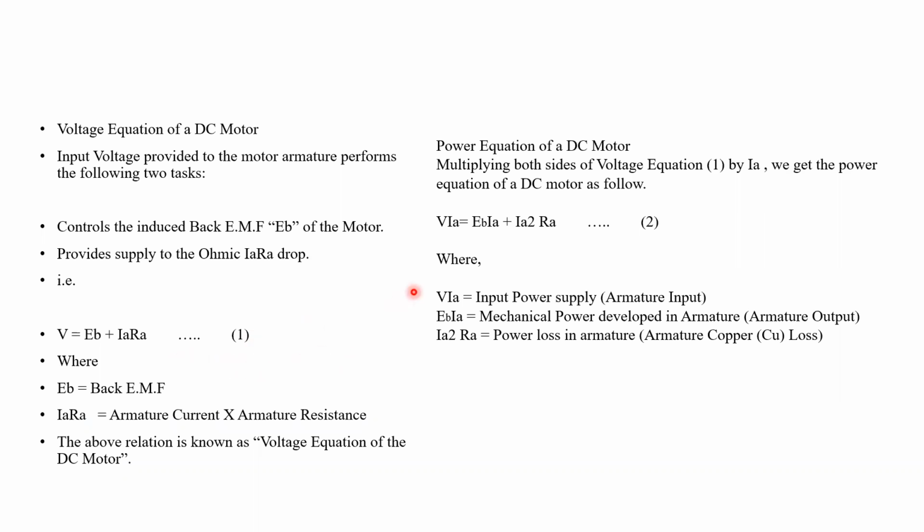Also we can write the power equation. Multiplying the armature current on both sides of this equation, V Ia = Eb Ia + Ia squared Ra. V Ia is the input power supplied to the armature. Eb Ia is the mechanical power developed in the armature circuit. Ia squared Ra, that is Ia square, not Ia 2, is the power loss in the armature circuit.